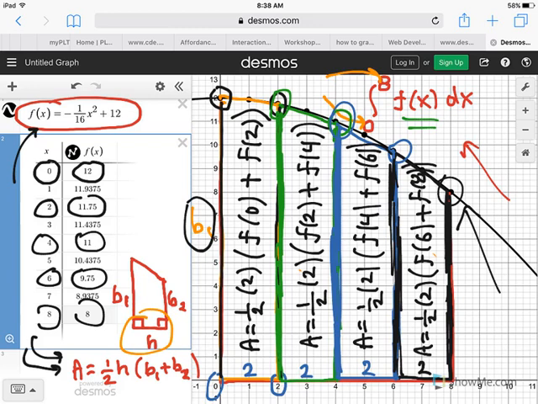So if I do this and I add the areas of the 4 trapezoids, that would give me an approximation. Why is this an approximation? Because the top boundary of the region that we're interested in is actually given by a curve. And for each of our trapezoids, if you look at the top boundary, it's going to be a line segment. Like, for example, here, for the first trapezoid, you have a line segment here.